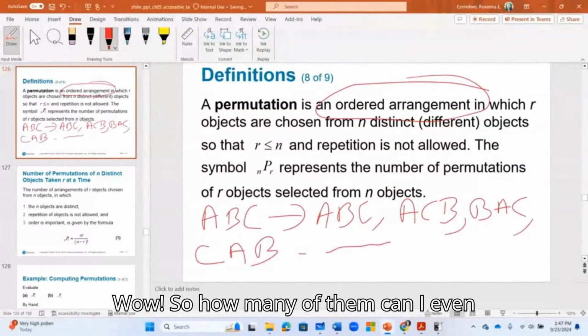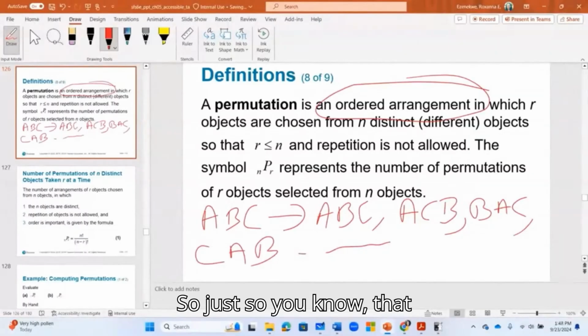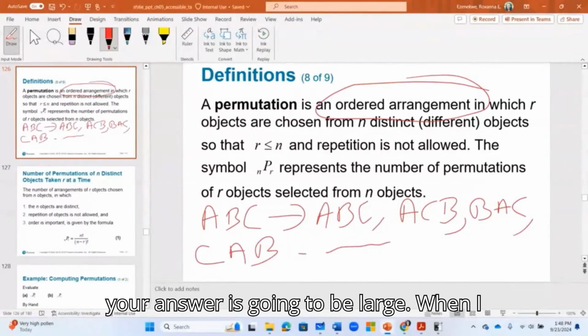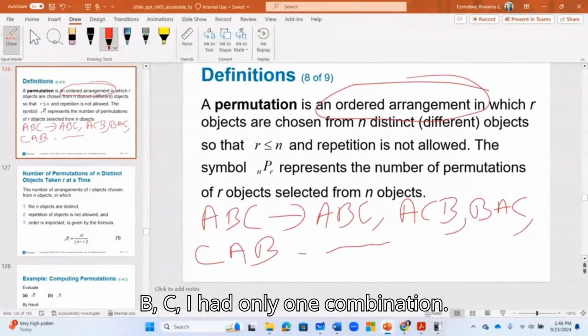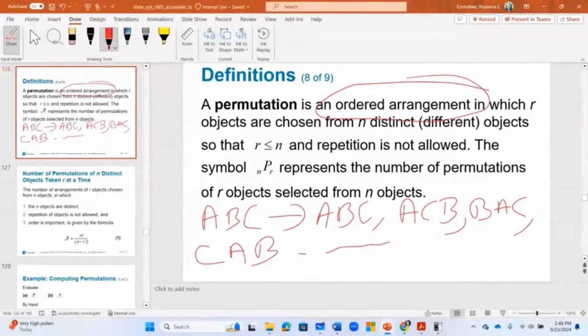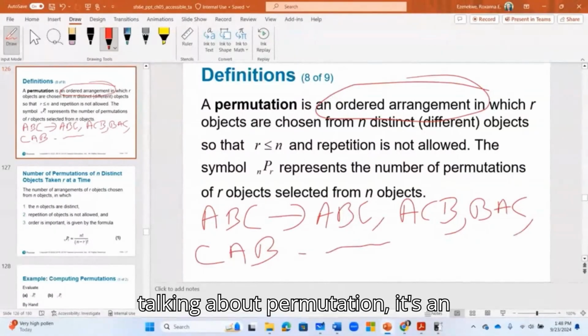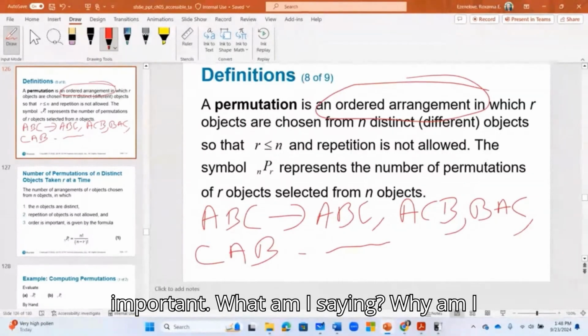Wow. So how many of them can I even have? Just so you know, when you are talking about permutation, your answer is going to be large. When I was talking about combination of ABC, I had only one combination. Order is not important. But now I'm talking about permutation. It's an ordered arrangement. Order is very important.